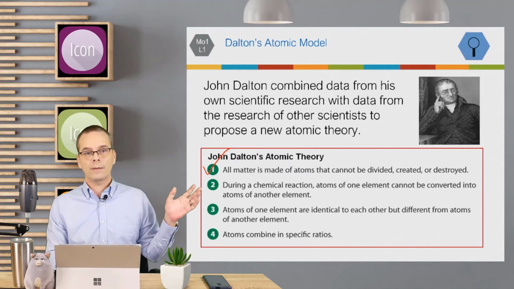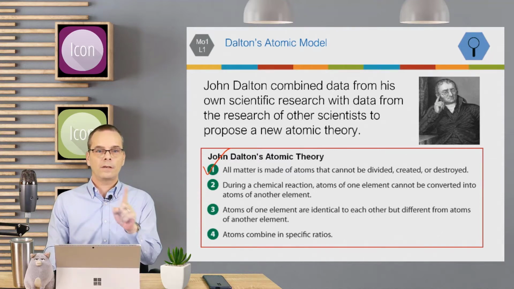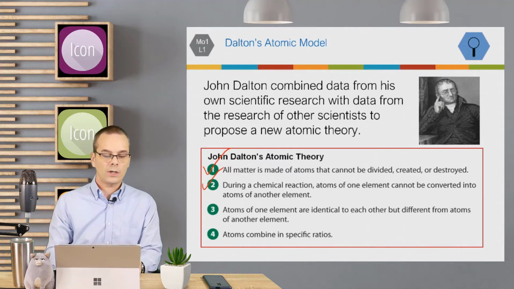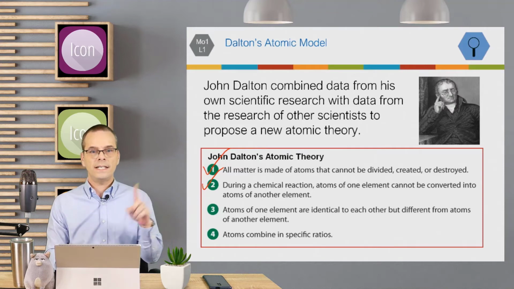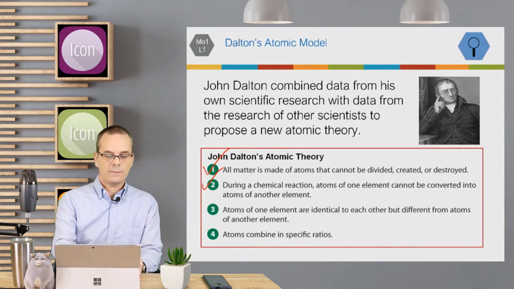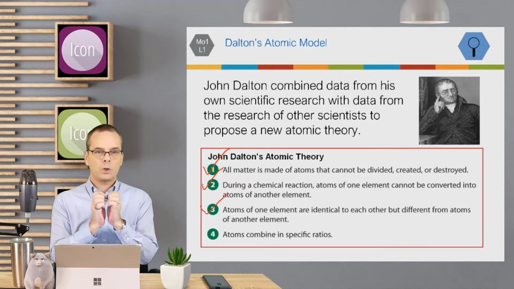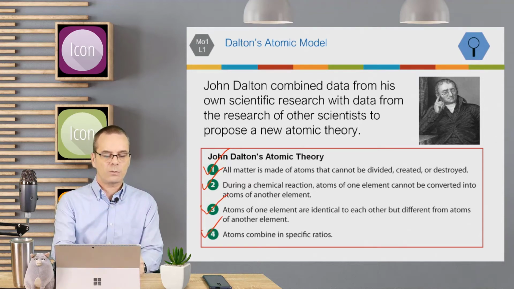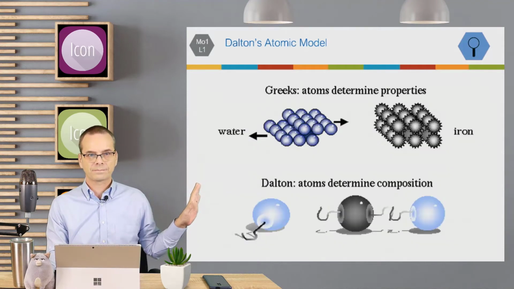He also said during a chemical reaction, atoms of one element cannot be converted into atoms of another element. He also said atoms of one element are identical to each other, but different from atoms of another element. And he said that atoms will combine in specific ratios. So that was his atomic theory.